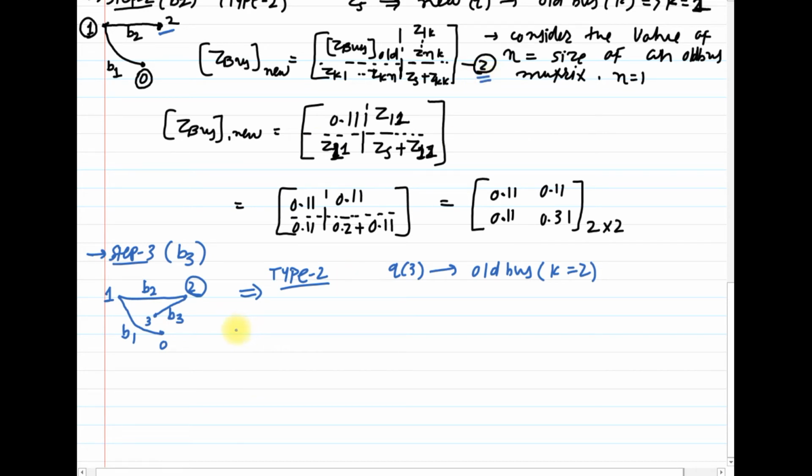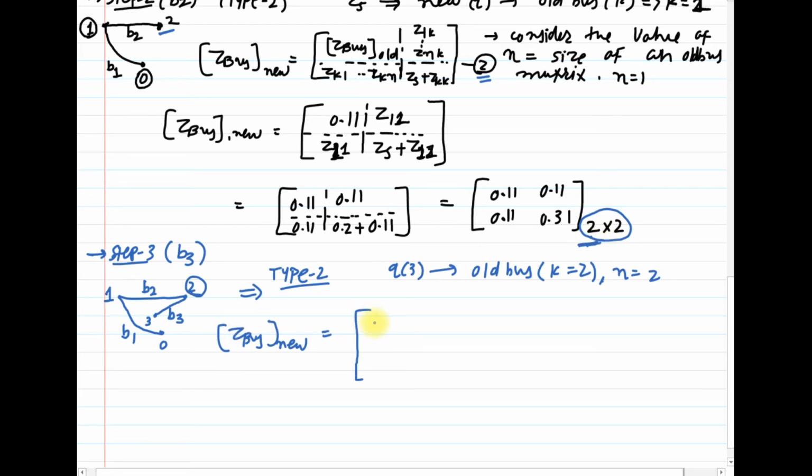Okay, so we have to simply write down the equation using equation number 2. So I will write the final equation: Z bus new is equal to Z bus old. For this case n is equal to 2, which depends on the size of the old bus matrix of the previous modification.